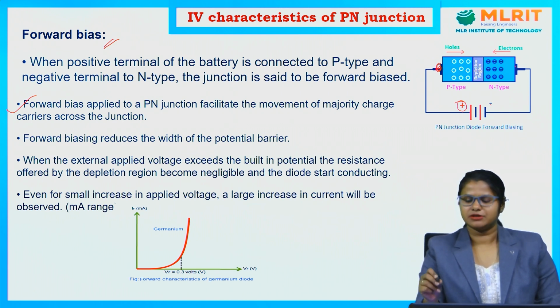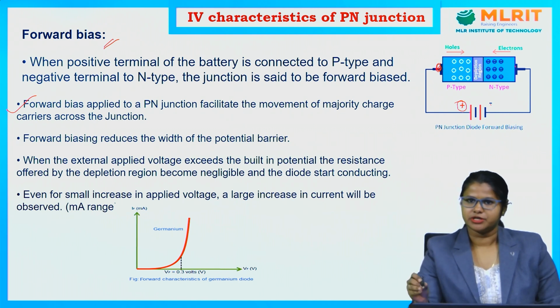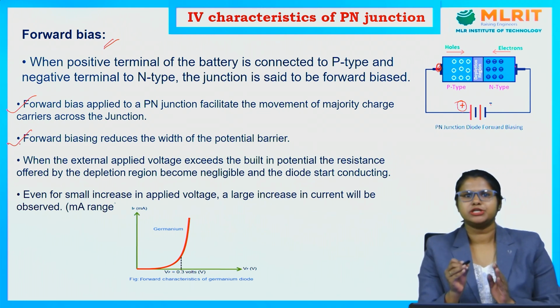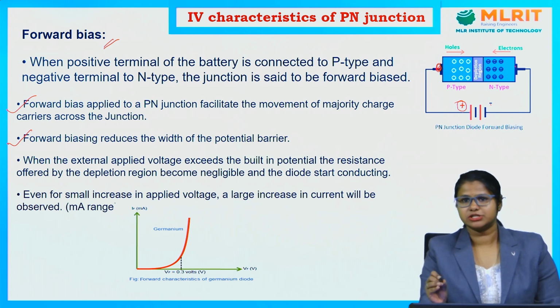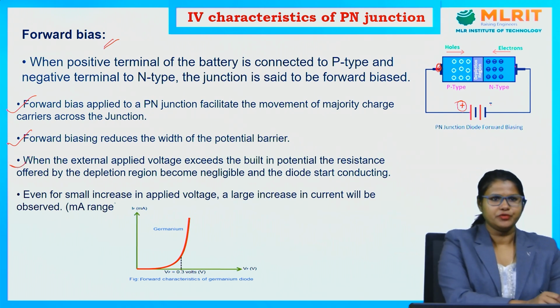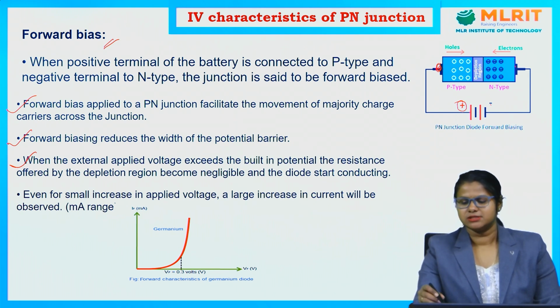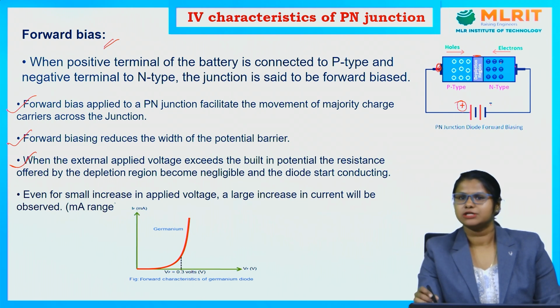When these majority charge carriers go through the junction, it results in reducing the width of the potential barrier. When will this happen? When the externally applied voltage exceeds the built-in potential, only then will the depletion layer be reduced, because this depletion layer was stopping the flow of charge carriers through the junction.